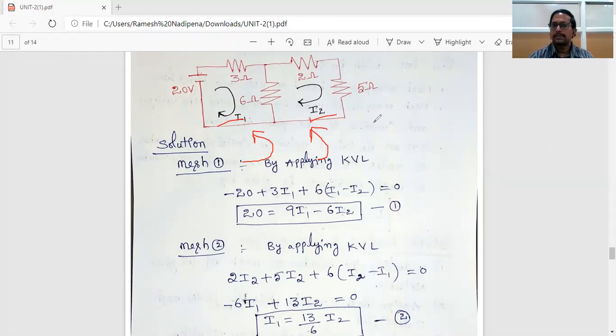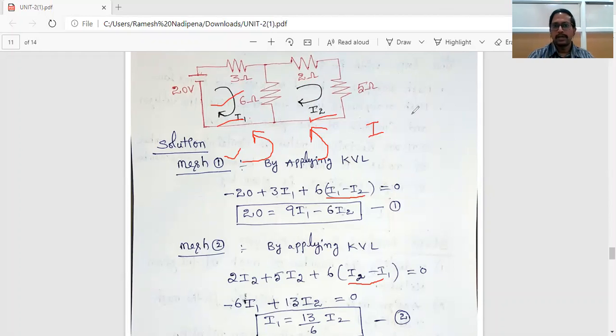That time also your current value is I1 minus I2 or I2 minus I1. Please remember, that time also we'll consider subtraction only. This is the first case, both clockwise. This one, both anti-clockwise. In both cases, you'll write I1 minus I2 or I2 minus I1, a subtraction only.